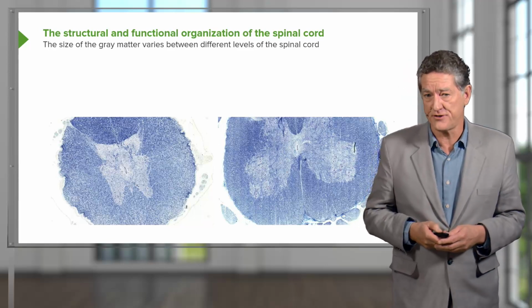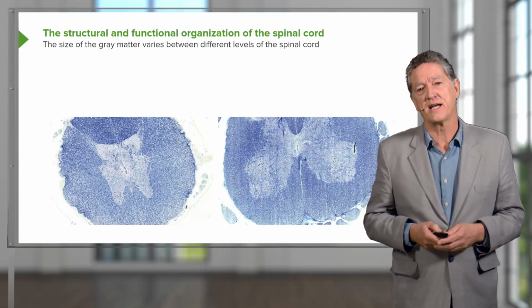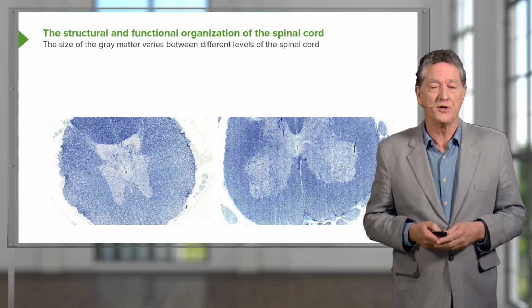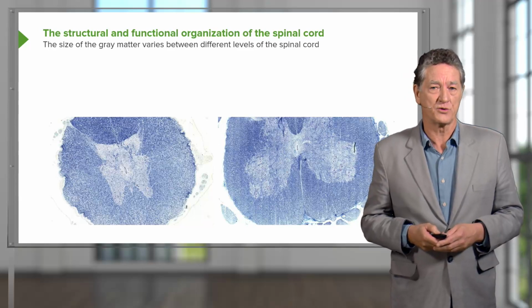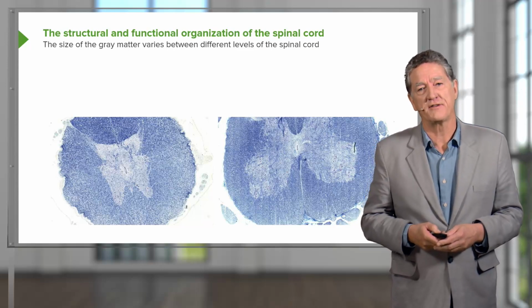So you can then imagine the enormous numbers of ventral horn cells there may be, and the enormous numbers of sensory neurons coming into the dorsal horn, all the way along the spinal cord. Very fascinating concept.